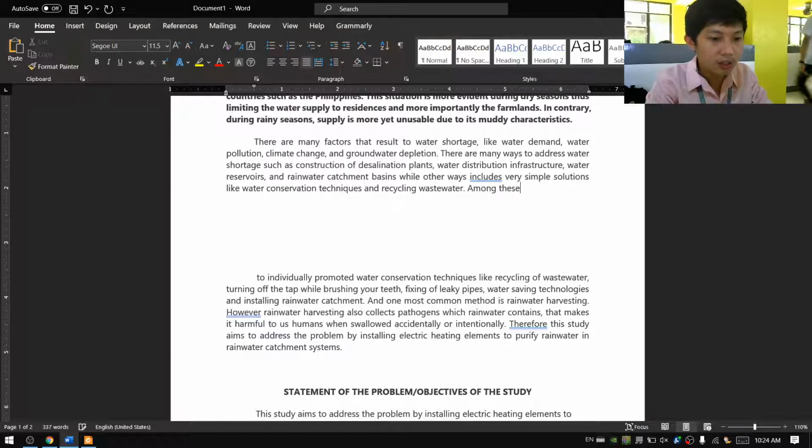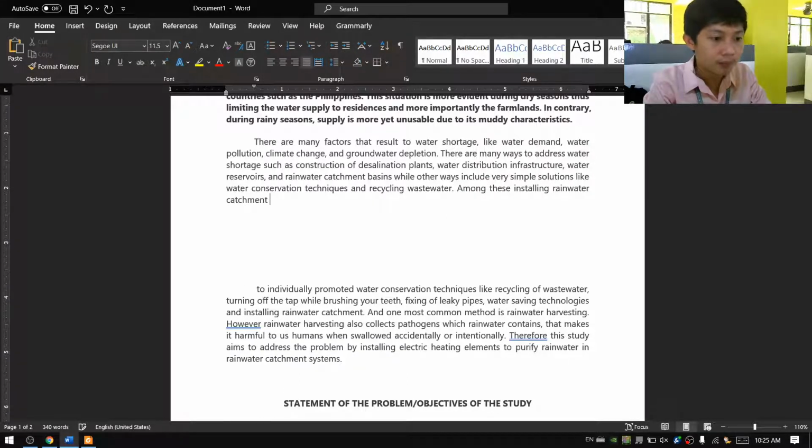Among these, installing rainwater catchment basins is okay. Okay, so I'm going to insert this one.